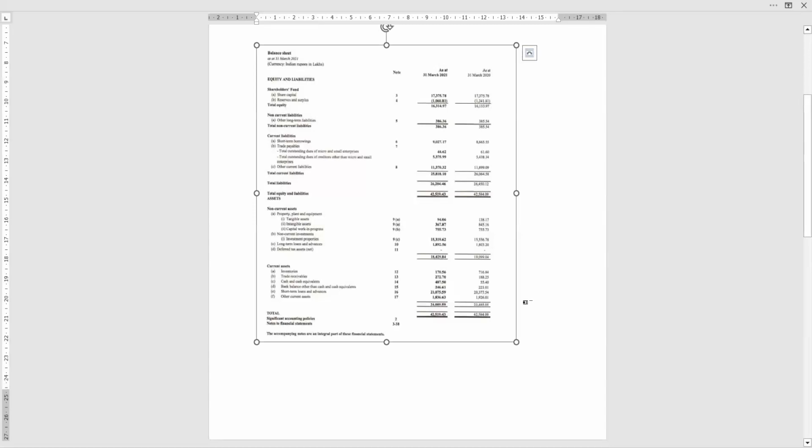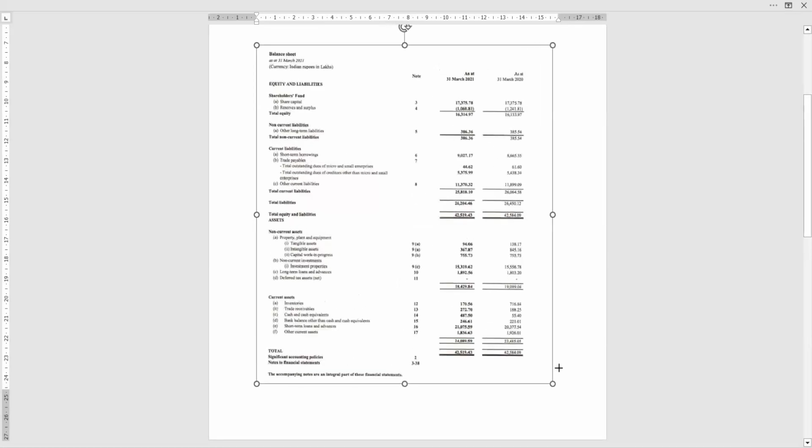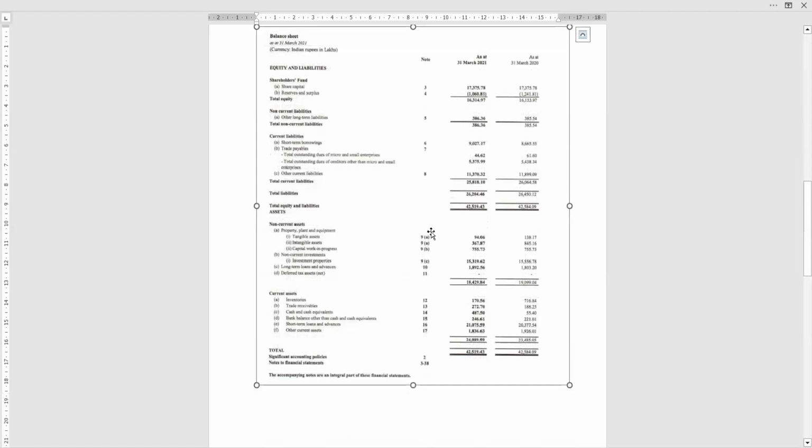because as of that particular year, that business was not sold. It was only just agreed. We were waiting for the NCLT order. If you see here in the balance sheet, assets held for sale.